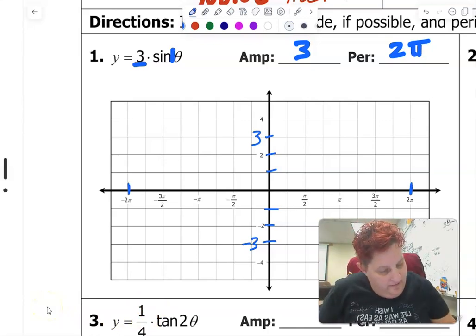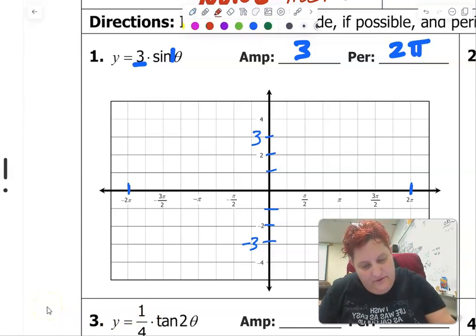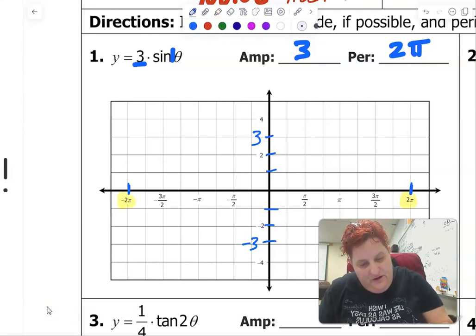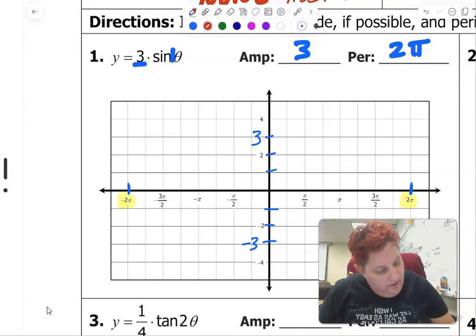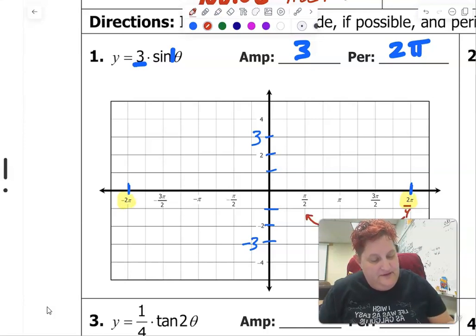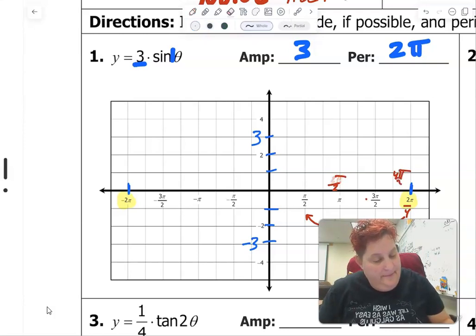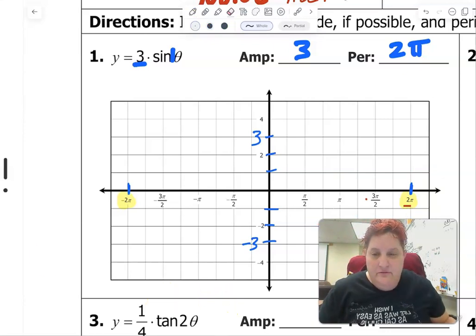You guys remember that we divide the period by 4? If I divide by 4, I get pi over 2, and that's how we label everything: pi over 2, 2 pi over 2, which reduces, 3 pi over 2, 4 pi over 2, which reduces. But if it's 2 pi, this is already set up for you.